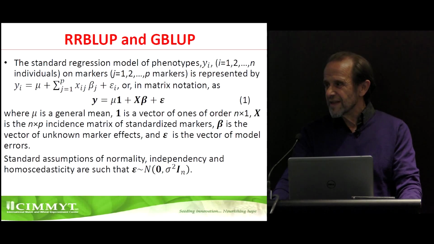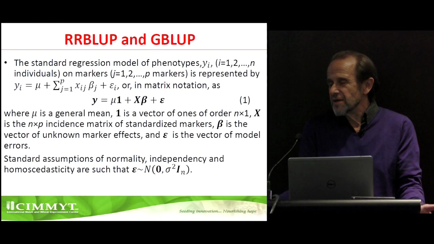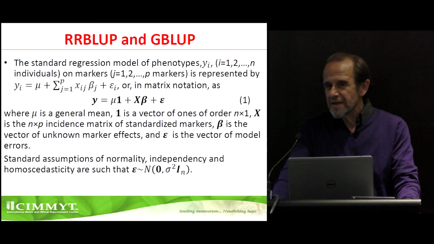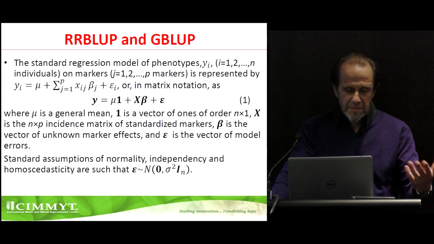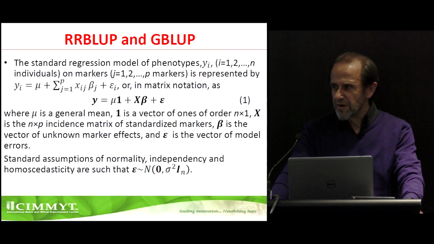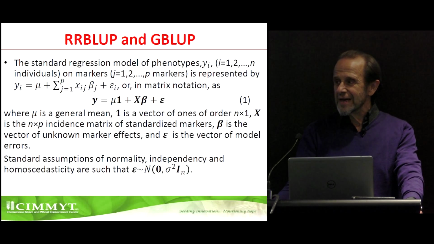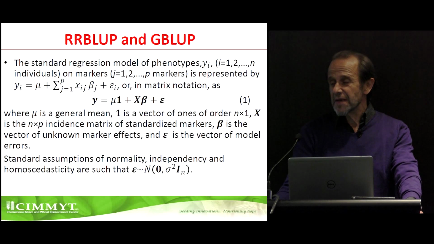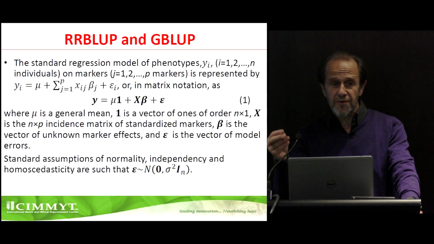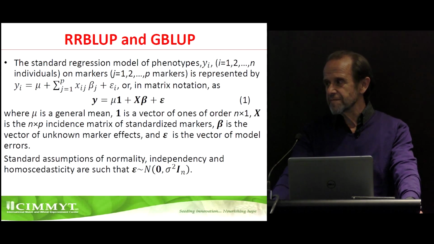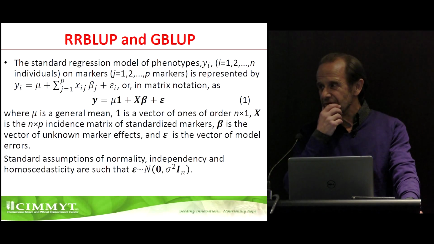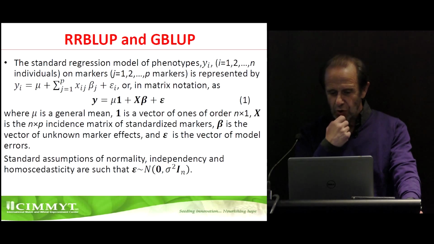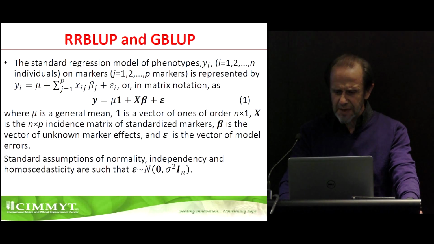Monomorphic means markers which have the same value, they don't discriminate anything. You usually delete them because they make the model more parsimonious, because you don't need to estimate any effect for markers that are all 0, 0, 0, 0 for one or two individuals, or those which are 1, 1, 1, 1. There is no need for doing that. So we center and standardize the markers.